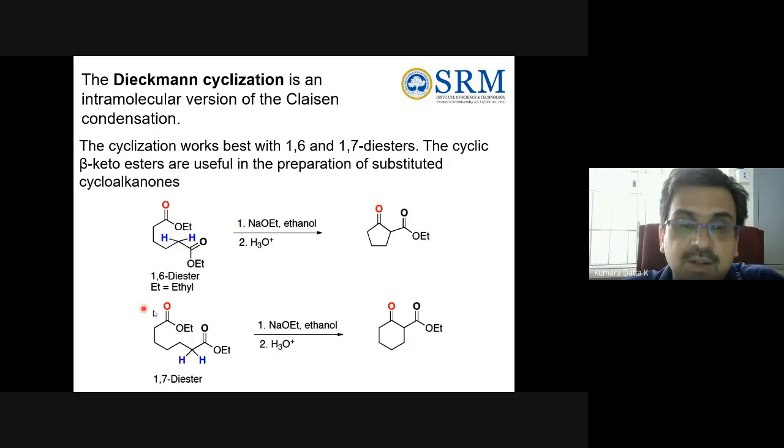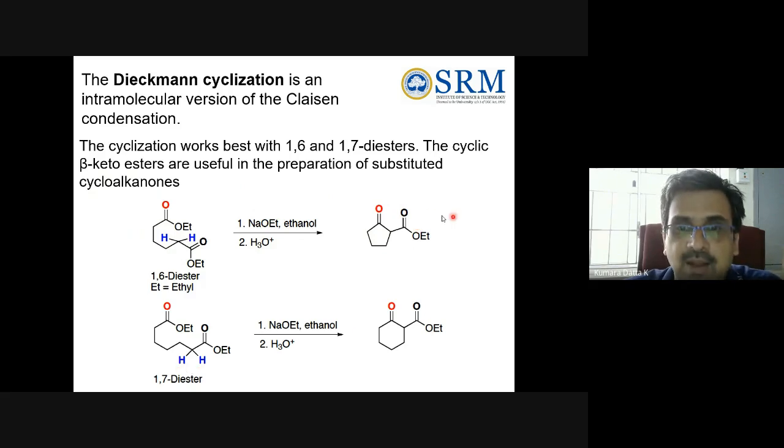For example, if you have a diester, OEt, along with C double bond O, OEt, C double bond O, and you add basic sodium ethoxide in ethanol followed by working up with acid, we get, for example, a 5-membered ring of cycloalkane, which is substituted.